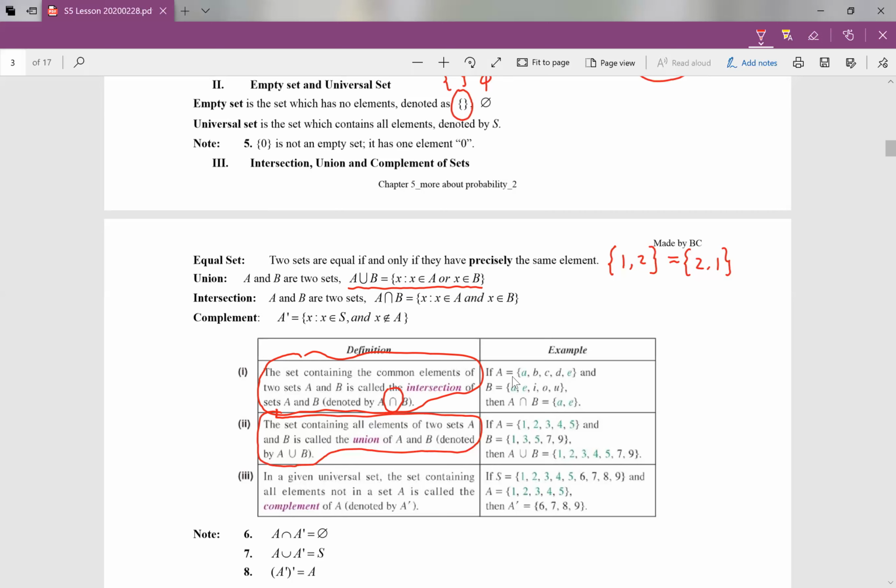Example, A is {a, b, c, d, e}, and B is {a, e, i, o, u}. So what is A ∩ B? It means that if an element occurs in A and B, then it belongs to the intersection of A and B. In this case, a and e.